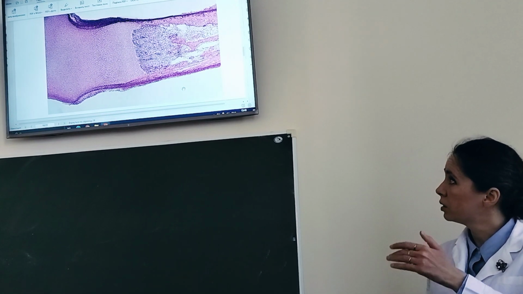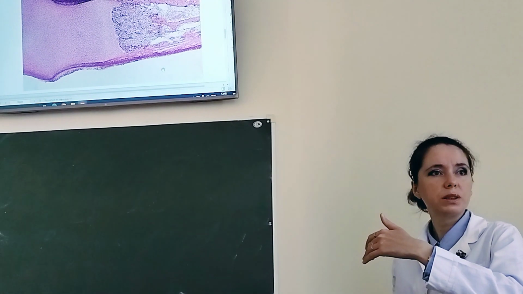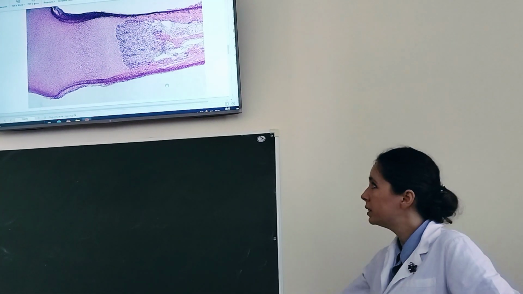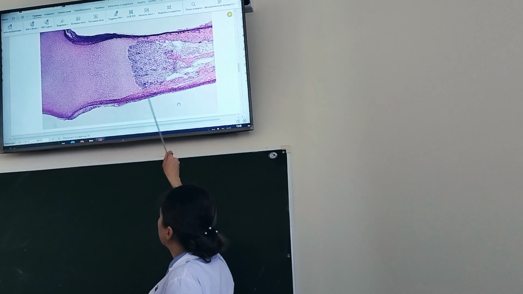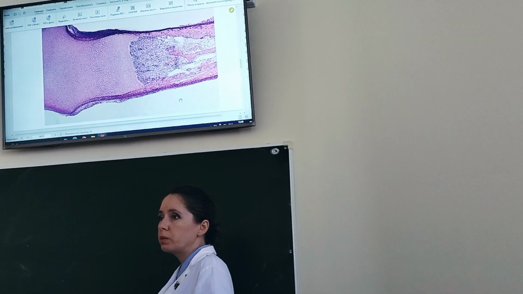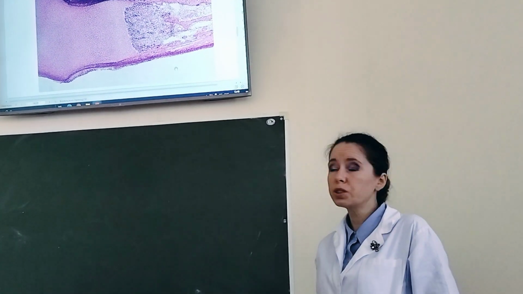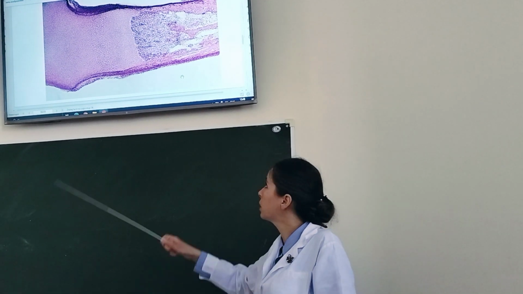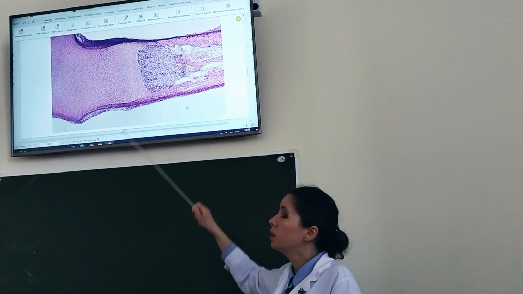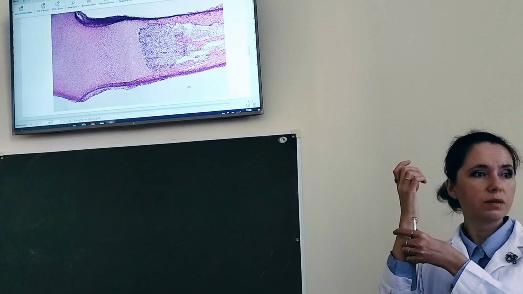I can see gradual replacement of the pre-existing cartilage model by newly formed primary bone. This is the so-called endochondral ossification, because inside this model I can see developing marrow cavities. On the periphery there is a perichondral bone collar.